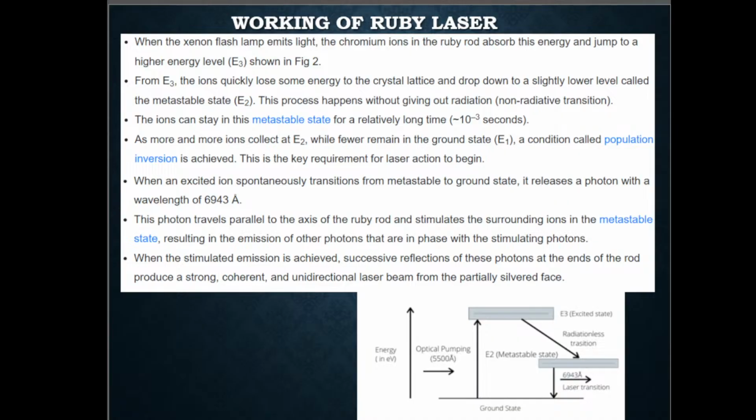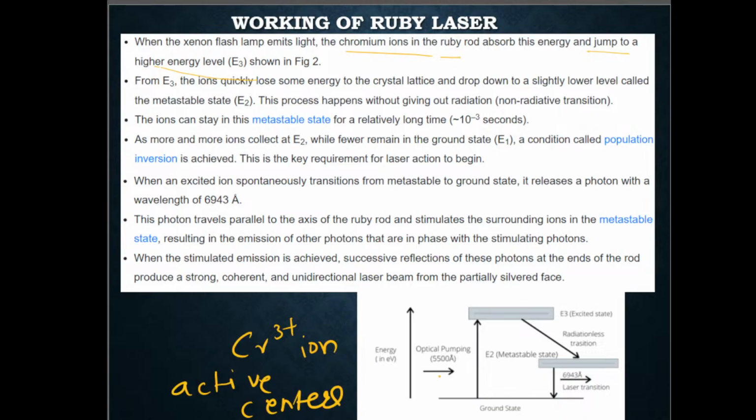In the ruby rod, chromium atoms, Cr3 plus ions, are the active centers. So you see that whenever the xenon flash lamp is on, at that time chromium ions in the ruby rod absorb the energy and jump to the higher energy level E3.